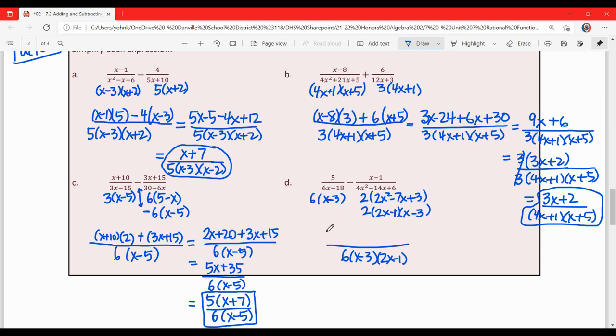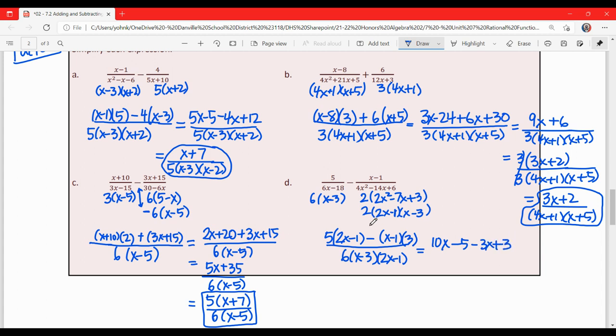All right, so I got a 5 in the top left. The 6 is there, the x minus 3 is there, but I need a 2x minus 1. Then there's a minus and an x minus 1. I got the 2x minus 1, I got the x minus 3, but my 2 needs to become a 6, so I got to multiply by 3. All right, so that gives me 10x minus 5 minus 3x plus 3.